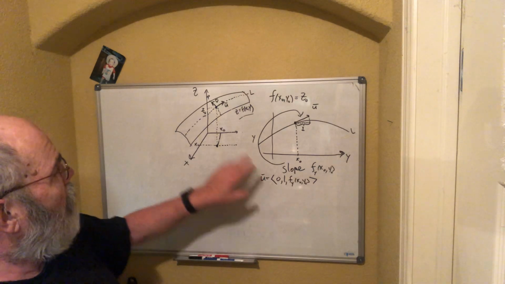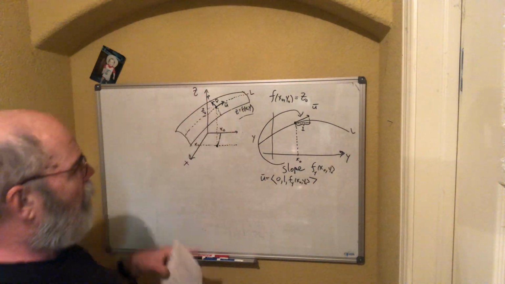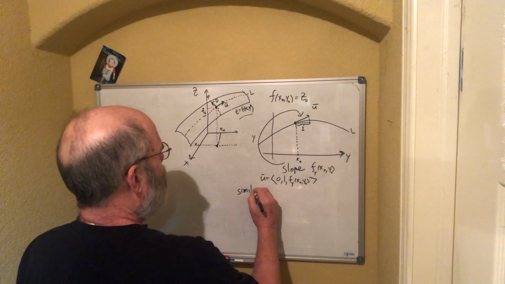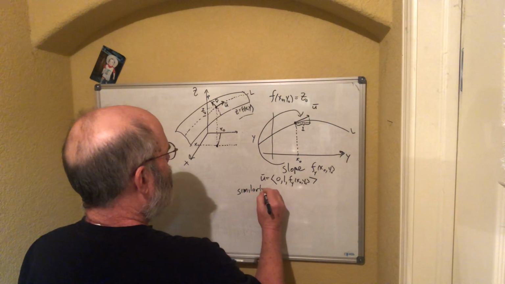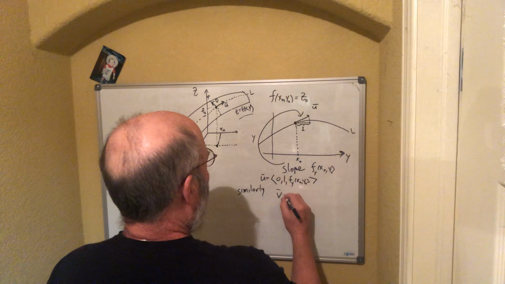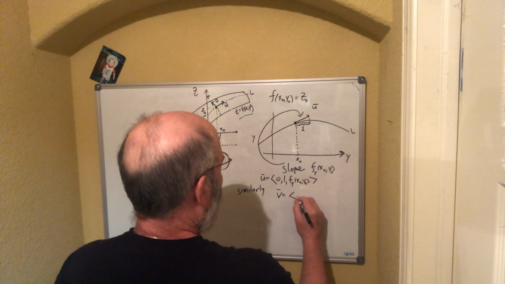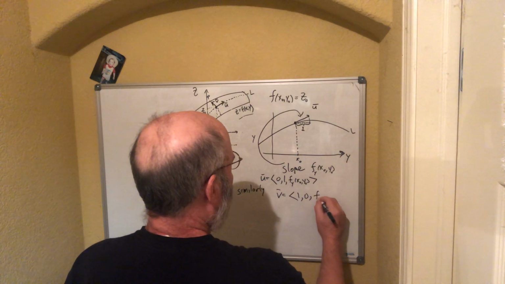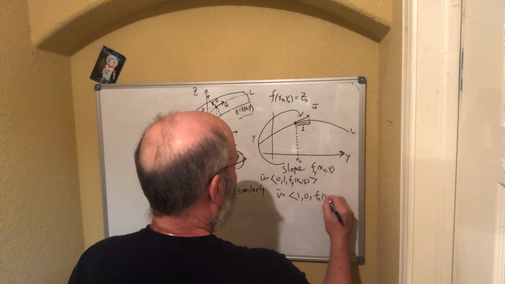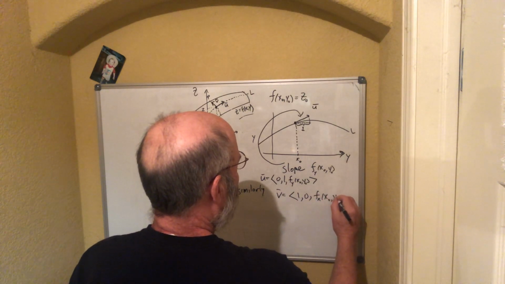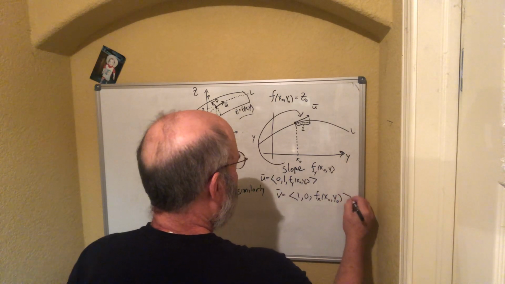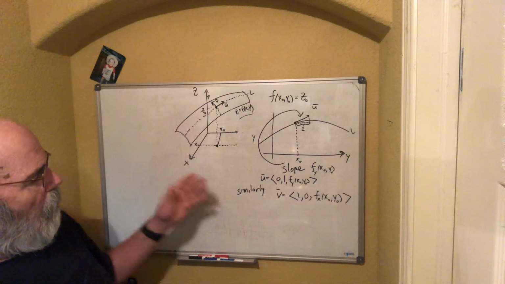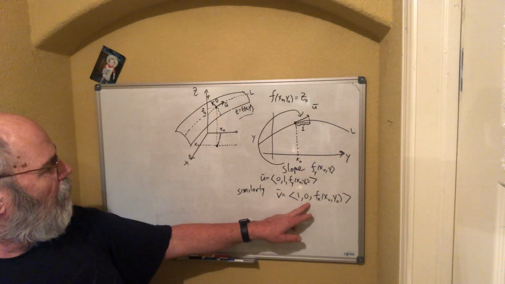If I did the same thing in the other direction, we find out that the vector v, sort of by the same token, is like that. So now for this one here, our y values are held constant.